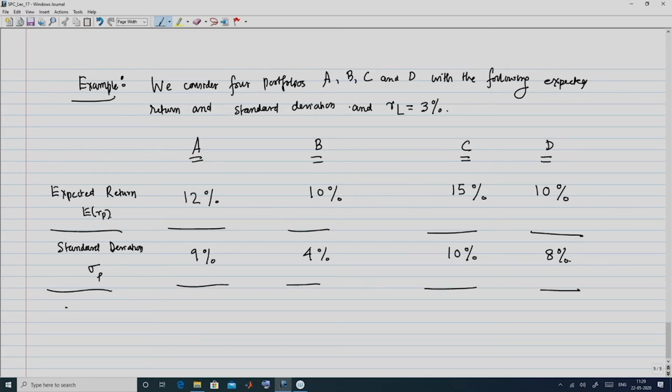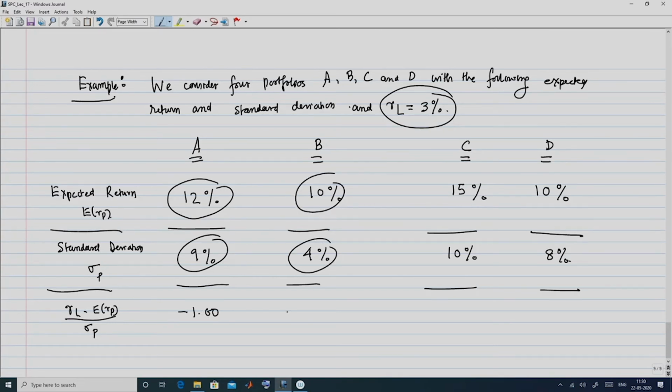Then what is going to be our R L minus E R p over sigma p? Remember R L is 3%. So, in the first case it is going to be 3% minus 12% over 9%. So, this becomes minus 1.00. In the second case it is going to be 3% minus 10% over 4%. So, this is going to be minus 1.75. Likewise, we will have minus 1.20 and in the last case we will have minus 0.875.